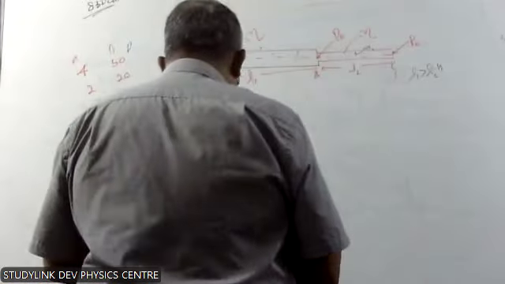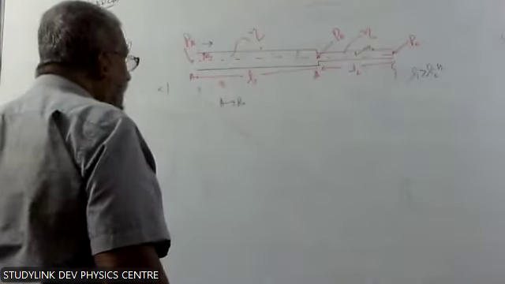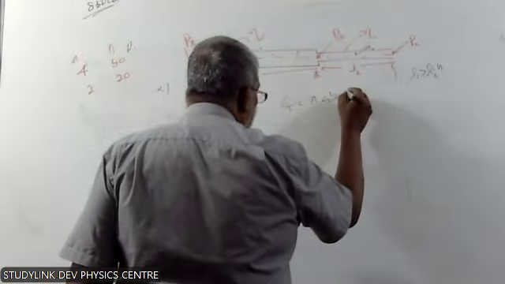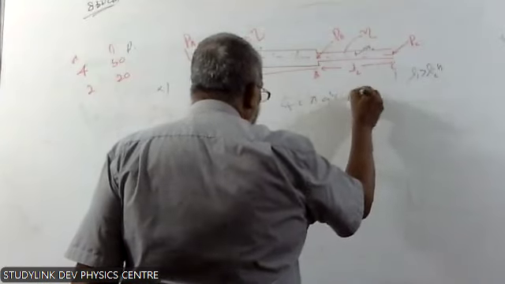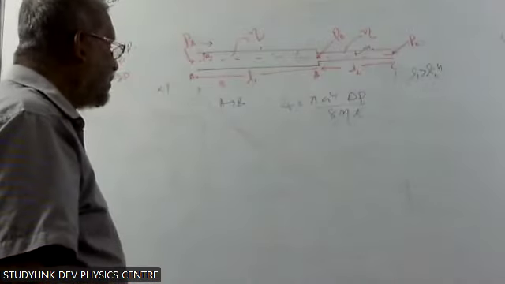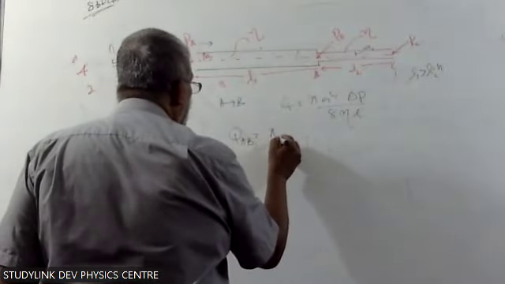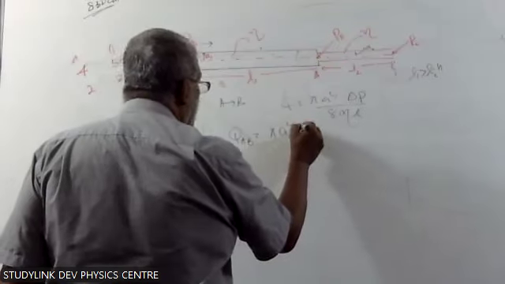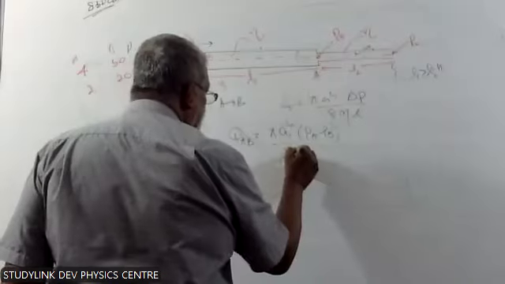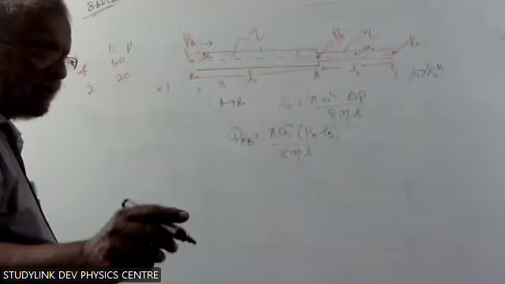Second paper, normally, you consider first A to B, or AB. Then we can use Poiseuille's equation, Q equals pi a to the power 4 delta P divided by 8 eta L. Then the first situation, QAB is equal to pi A1 to the power 4 (PA minus PB) divided by 8 eta L1.